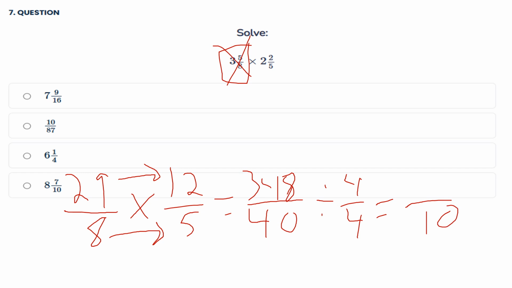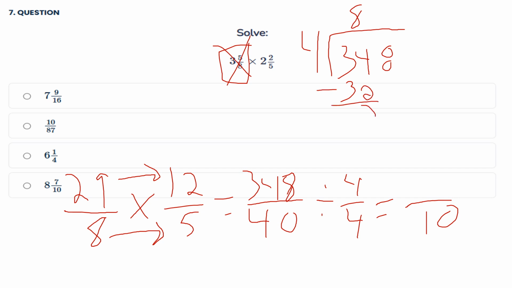And we're going to try to divide 4 into 348. 4 can't go into 3, so we move on to the next number. 4 goes into 34 8 times. 34 minus 32 is 2. Bring that 8 down. 4 goes into 28 7 times, and that's even.